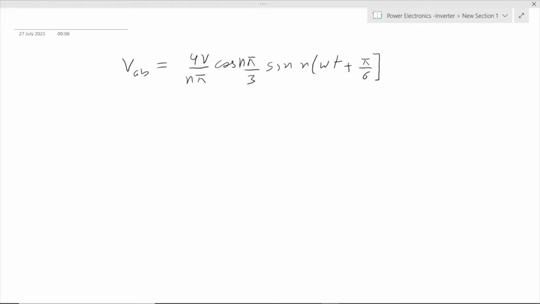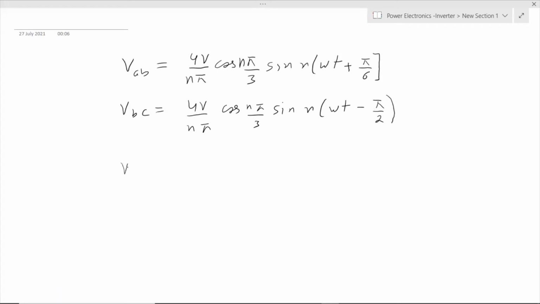Okay, and when you do VBC, you will calculate, then it will be 4V upon n pi, cos n pi by 3, sine of n omega t, just delaying it by 120-degree, so it will be omega t minus pi by 2.